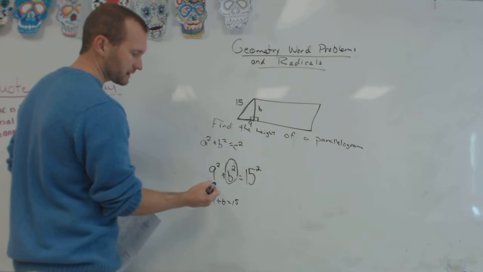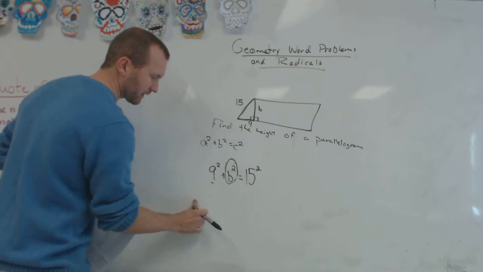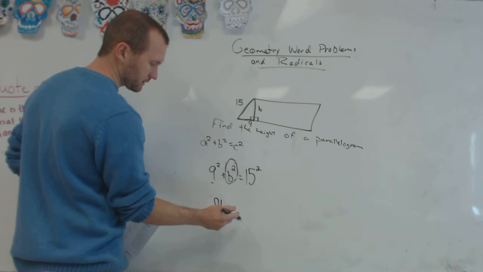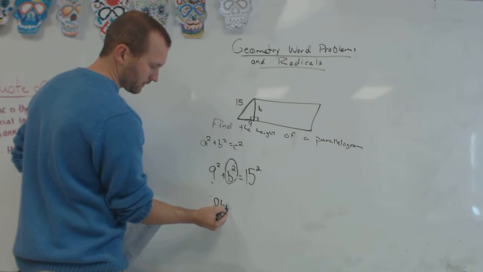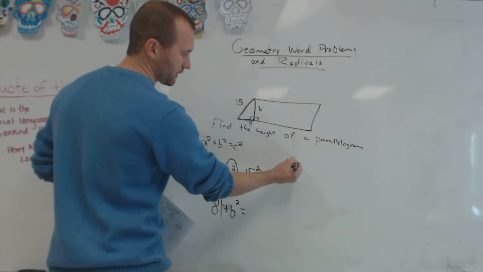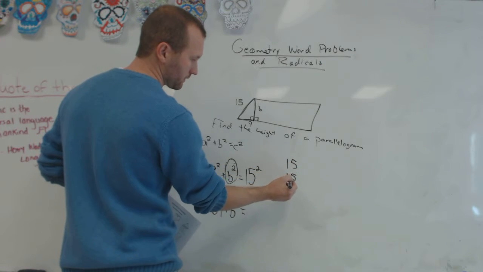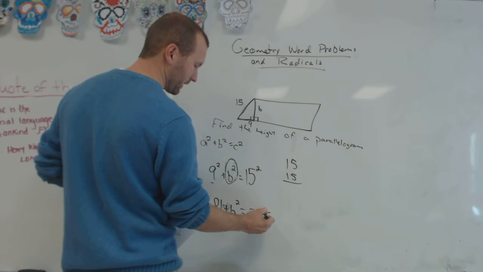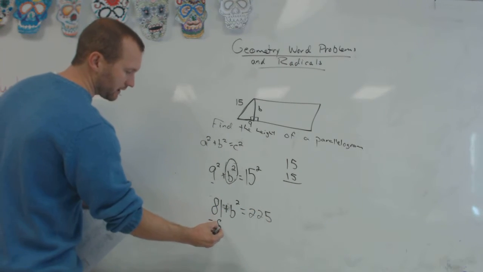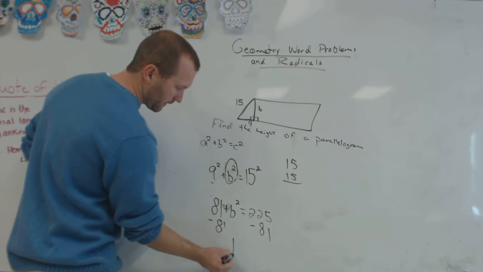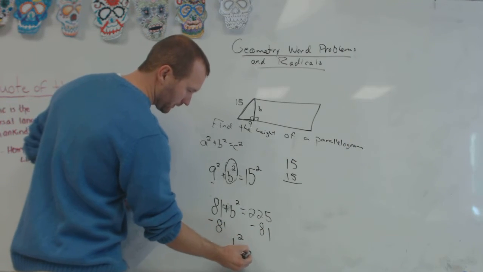So I'm going to subtract 81 from both sides. Let's first simplify these numbers. 9 times 9 is 81 plus b squared equals, what is 15 times 15? 225. Subtract 81 from both sides. And then we have b squared alone.